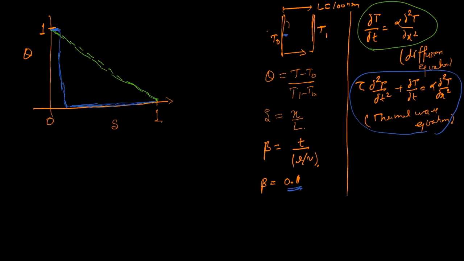So what we are looking at here is basically the thermal wave front, how it is going to propagate. In the Fourier equation, this diffusion equation, the wave front is not there. So basically the entire information got propagated very quickly. But in this case, we could look, this wave front is going to propagate. So this is for beta equal to 0.1.